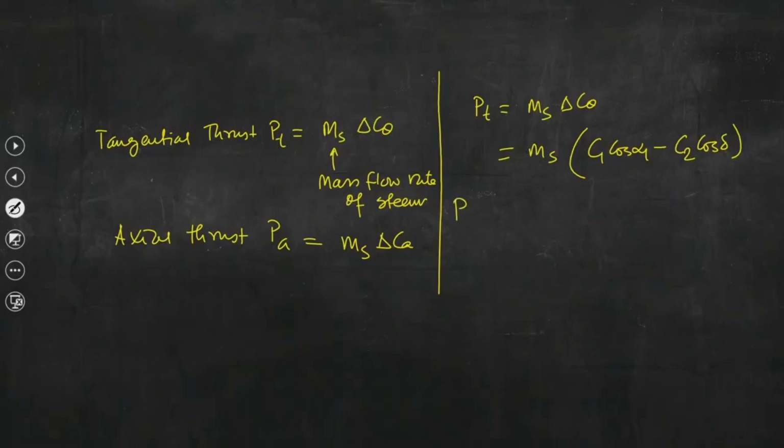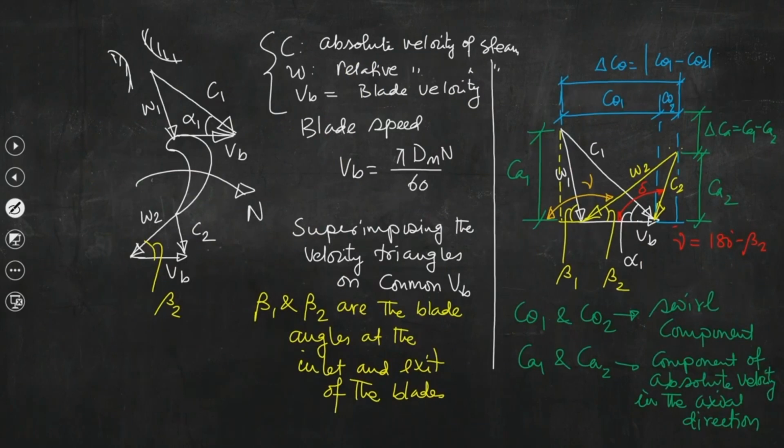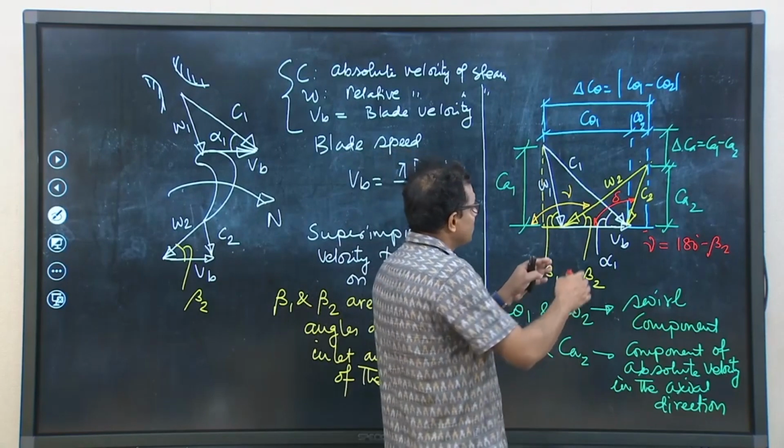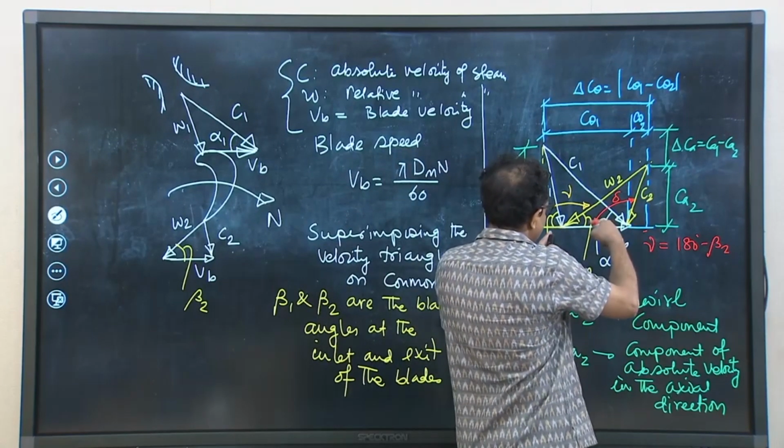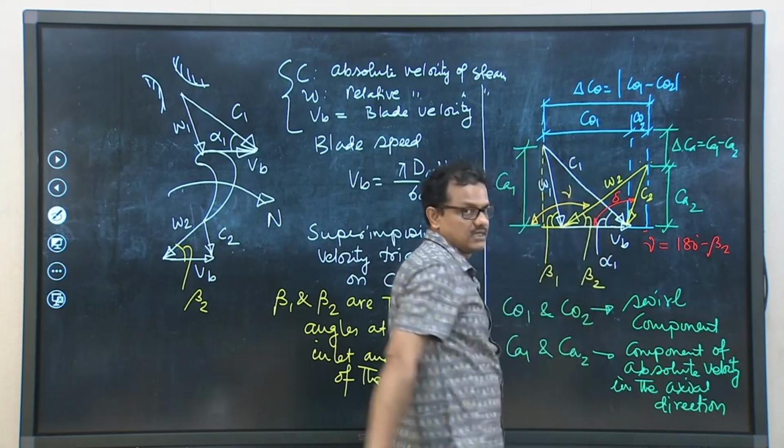Also, we can write Pt equal to ms into delta c theta. If we go to the previous slide, wherein we have superimposed these two velocity triangles, basically you know that W2 cos beta 2 plus W1 cos beta 1 is equal to delta c theta.